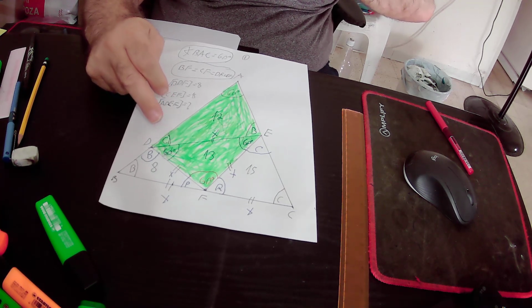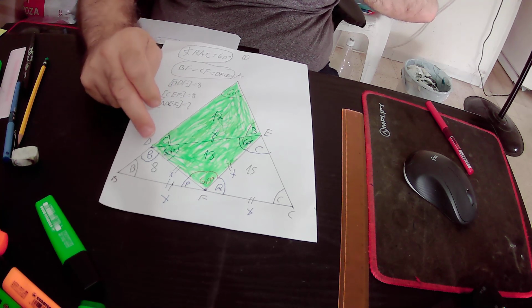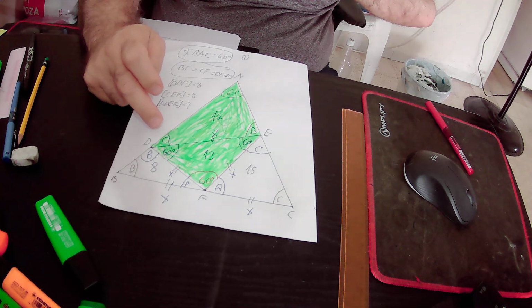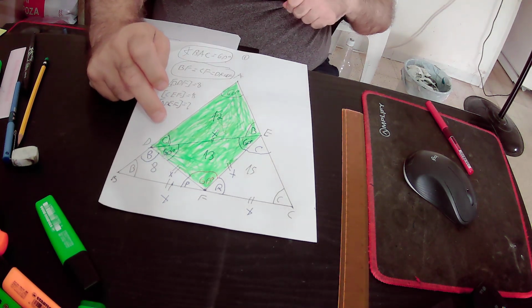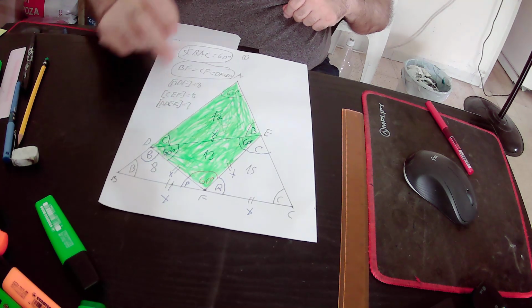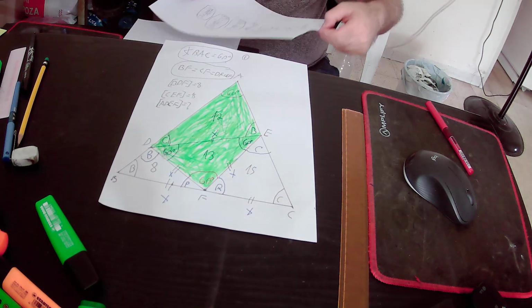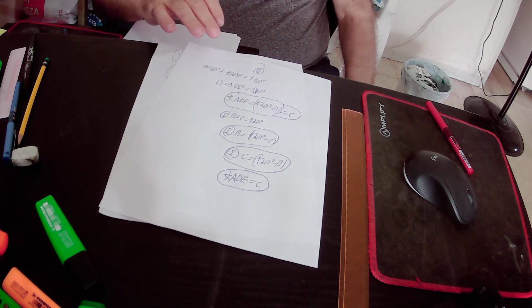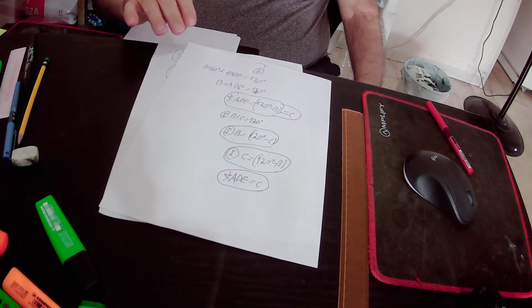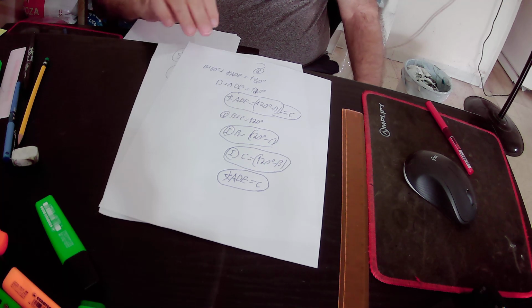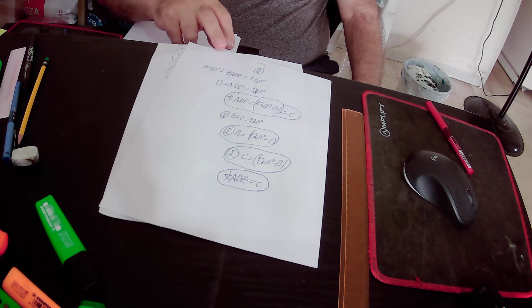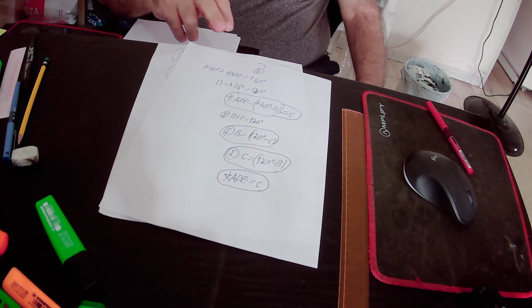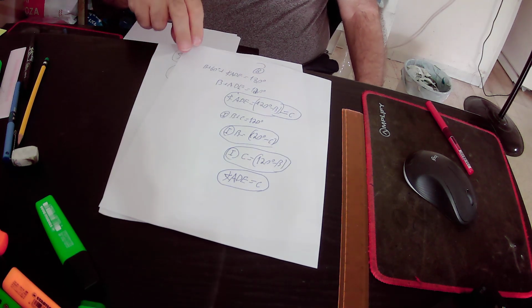So C plus B plus 60 degrees plus angle EDA equals 180 degrees. Again, angle B plus 60 degrees plus angle ADE equals 180 degrees. Here we subtracted 60 degrees from this equality, and in the end we got that angle ADE equals C.